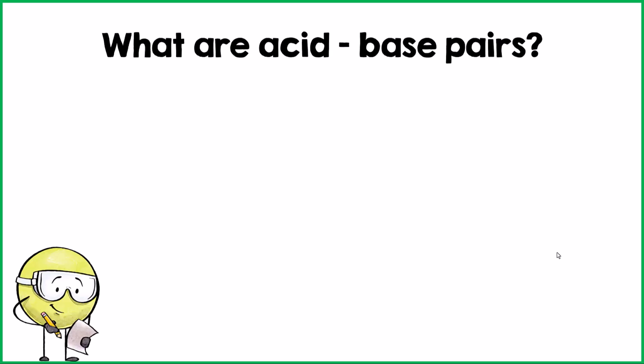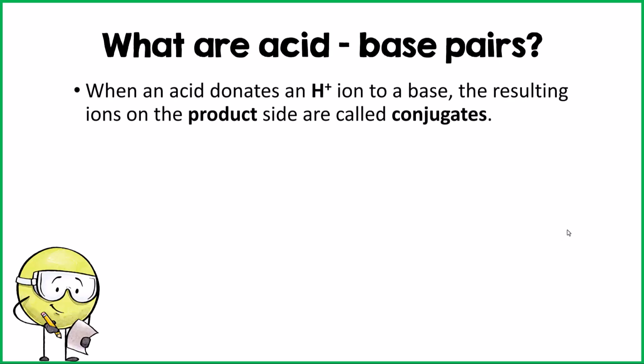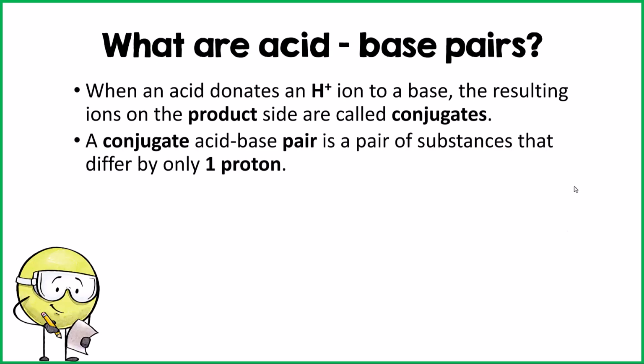So what are acid-base pairs? Well, when an acid donates a proton or hydrogen ion to a base, the resulting ions on the product side are called conjugates. And a conjugate acid-base pair is a pair of substances that differ by only one proton. So let's look at an example here.